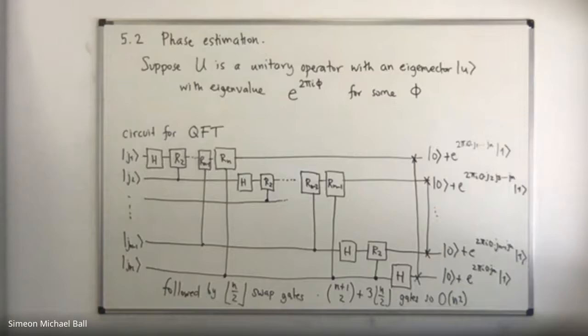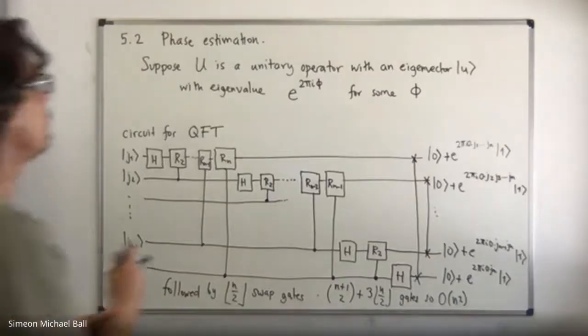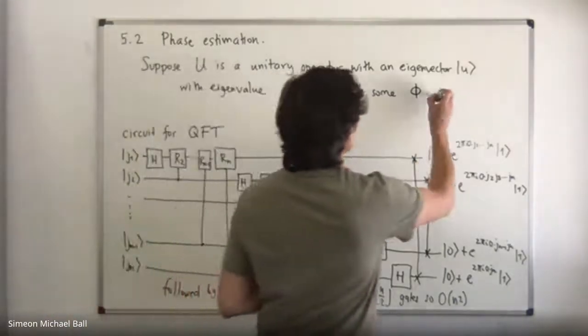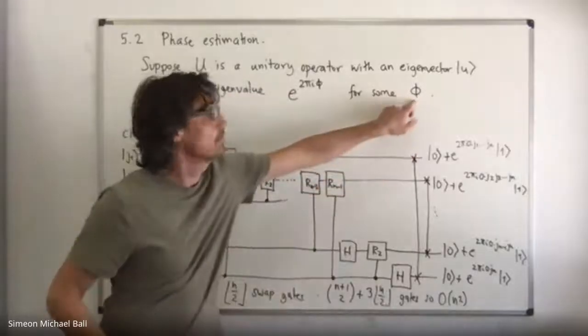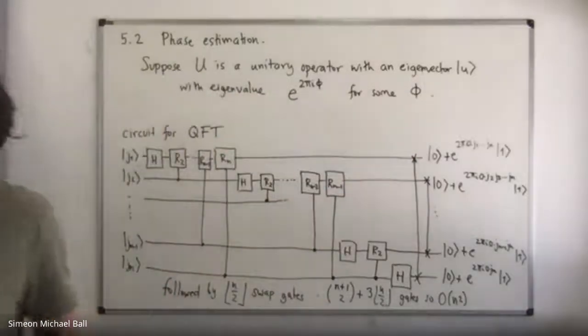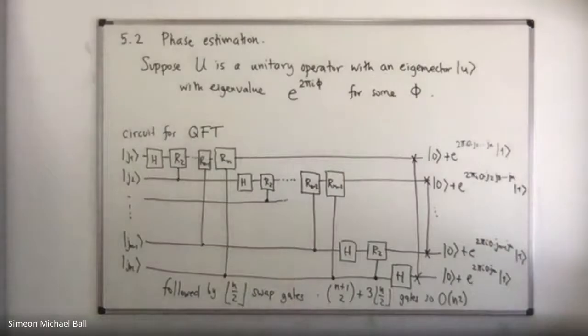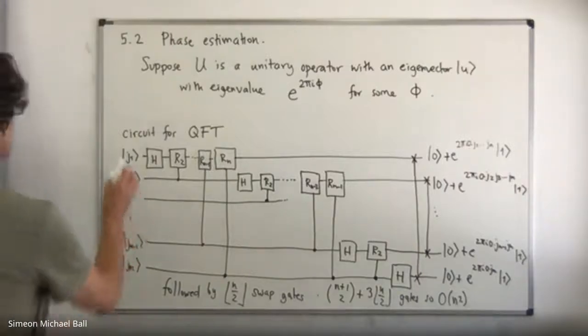So we want to get an estimate for phi. So we want to design a circuit which will give us an estimate for this phase. Possibly, I suppose we could just draw it up and then talk about it.